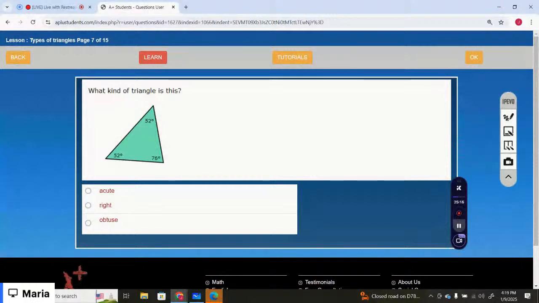That is the acute triangle because all of the angles are less than 90 degrees, so that is the acute triangle.